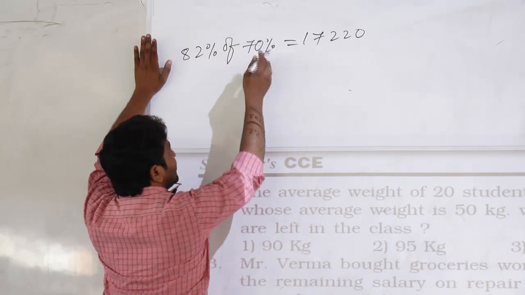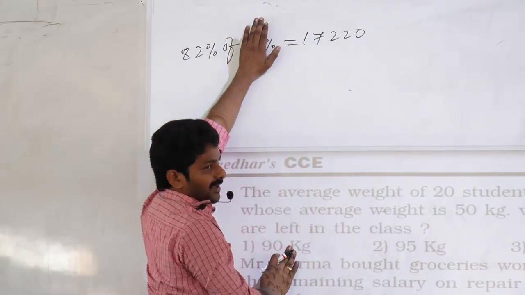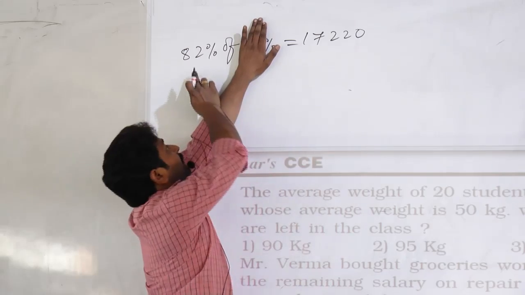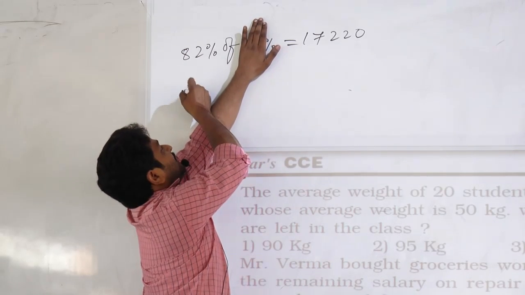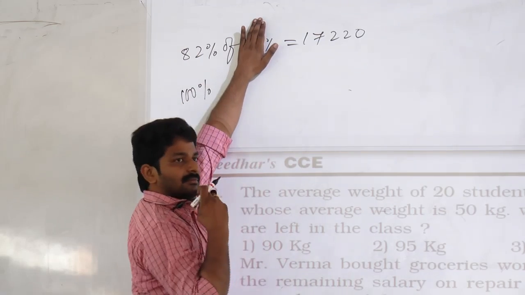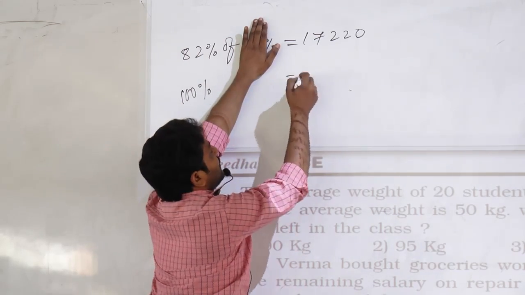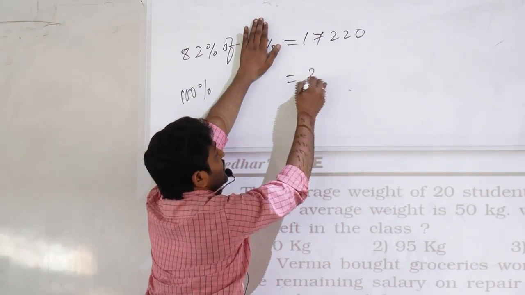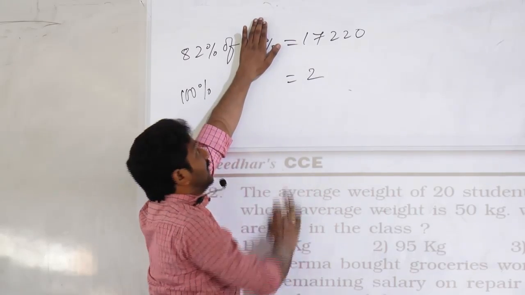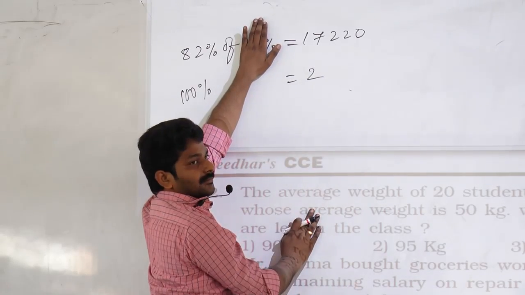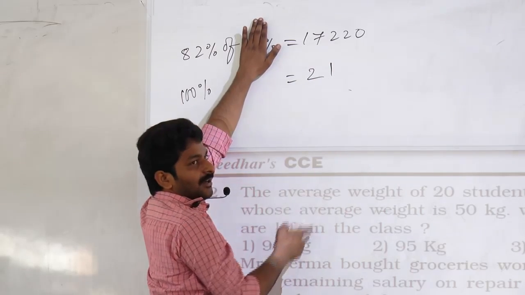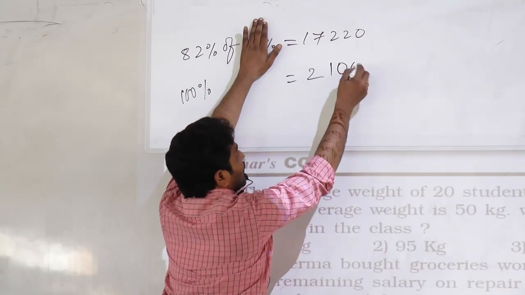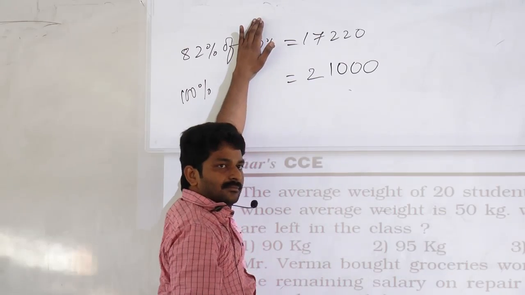In that case, if you treat this number as some x, if 82% is this much, 100% will be equal to 82 2 times, 100 2 times, 200. 82 1 time, 100 1 time, and then a 0. Yes or no?